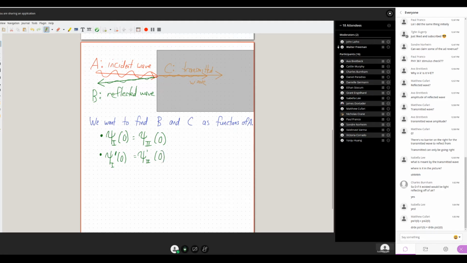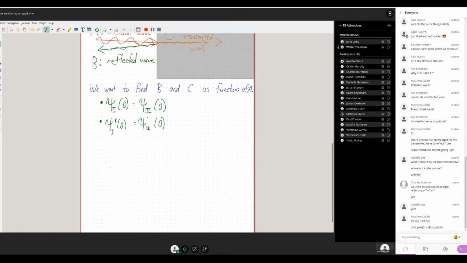So in order to find B and C, I'm going to take these two equations, write down what they tell us, set these things equal and solve. So we'll actually do the algebra for this one.